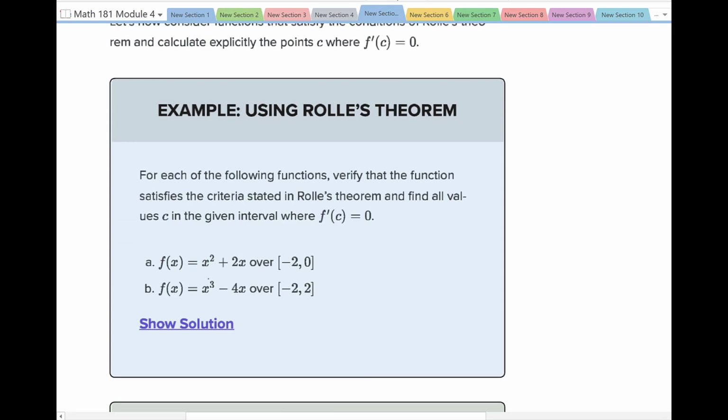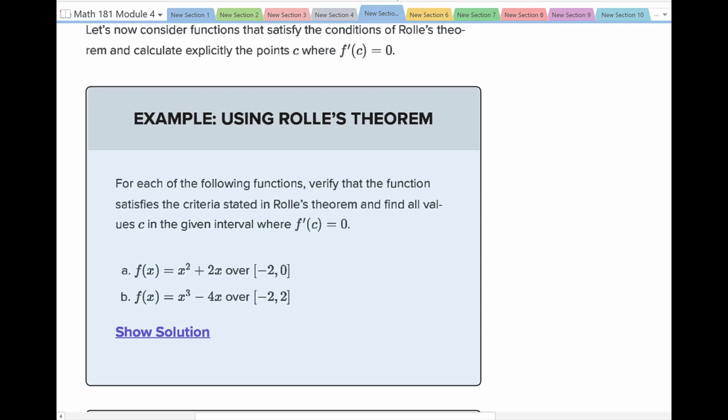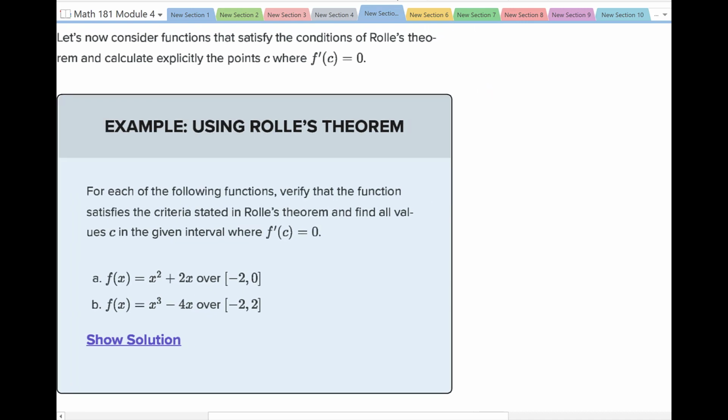Okay, so here we go. For each of the following functions, verify that the function satisfies the criteria stated in Rolle's theorem and find all values c in the given interval such that f prime of c is equal to 0. So for a, we'll look at f of negative 2.